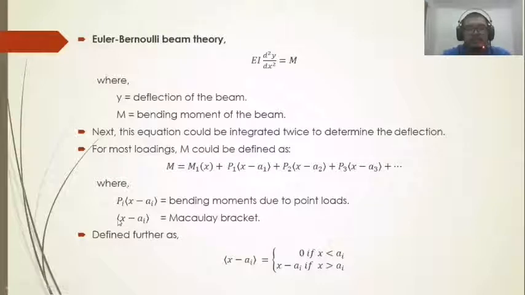These brackets of x minus a are called the Macaulay bracket. This Macaulay bracket can be defined further as 0 if x is less than a, while x minus a if the value of x is greater than a.